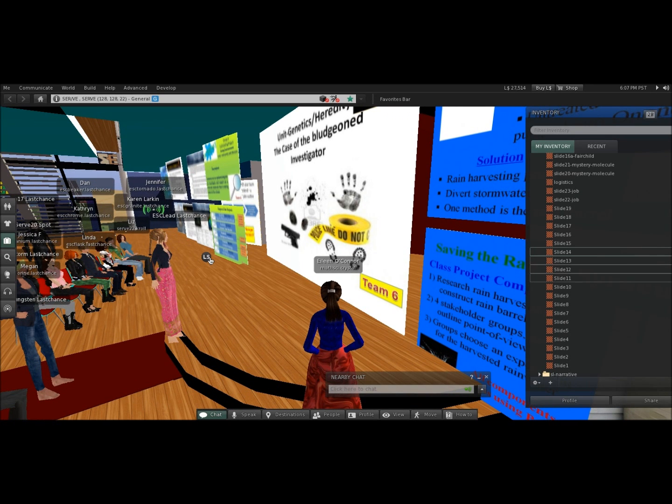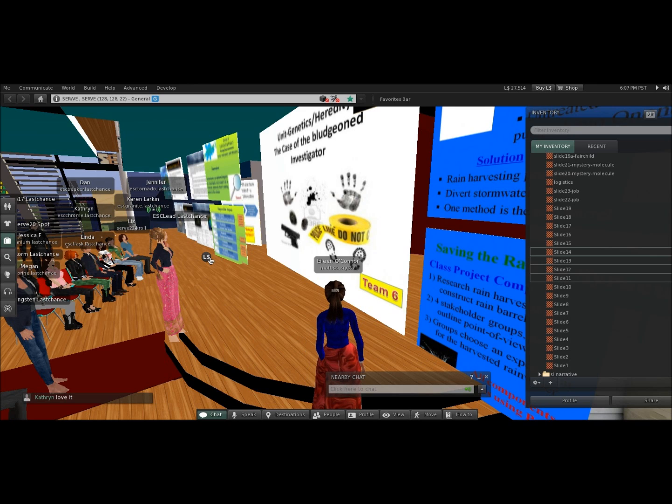The classroom would be set up as a university, and within that university there would be many different types of labs, and those labs would be stations within the classroom.